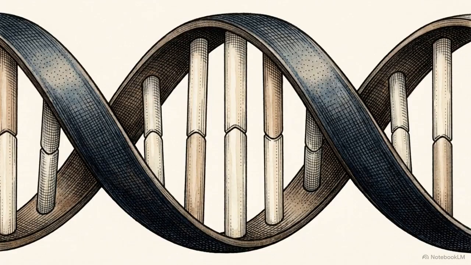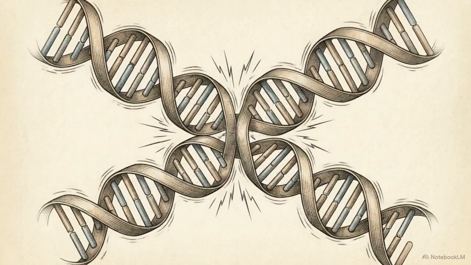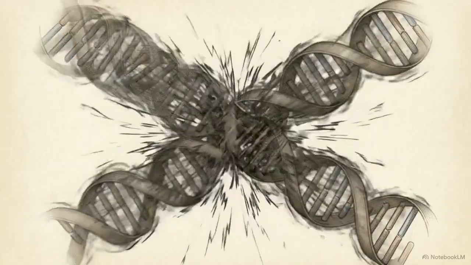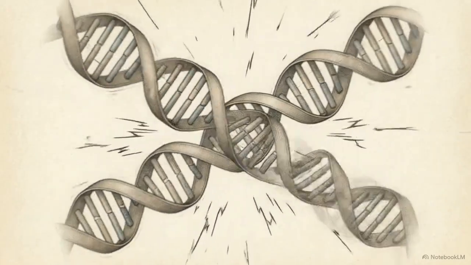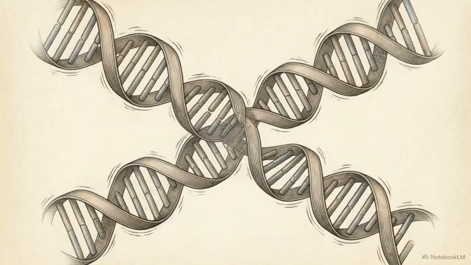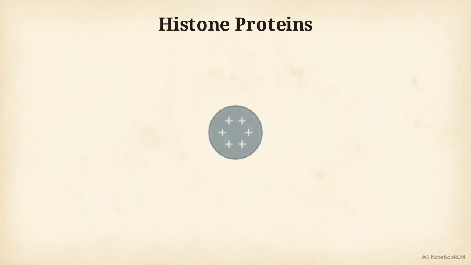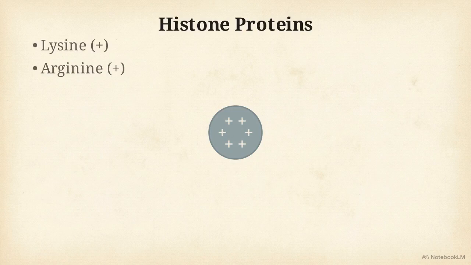The primary chemical hurdle to packing this 2.2 meter genome is the backbone itself. Because the continuous chain of phosphate groups carries a dense negative charge, if forced into close proximity, the strands violently repel themselves. Biology overcomes this repulsion by deploying a class of proteins known as histones.